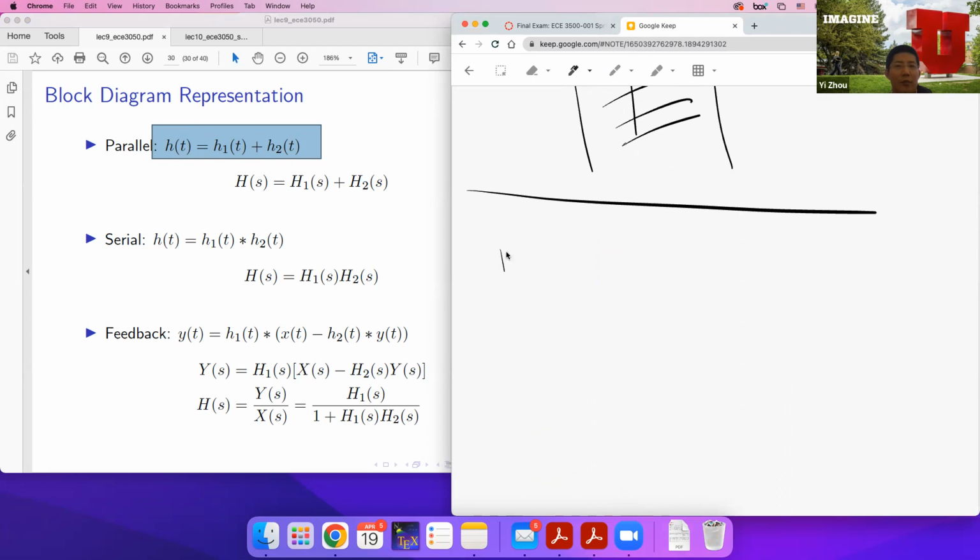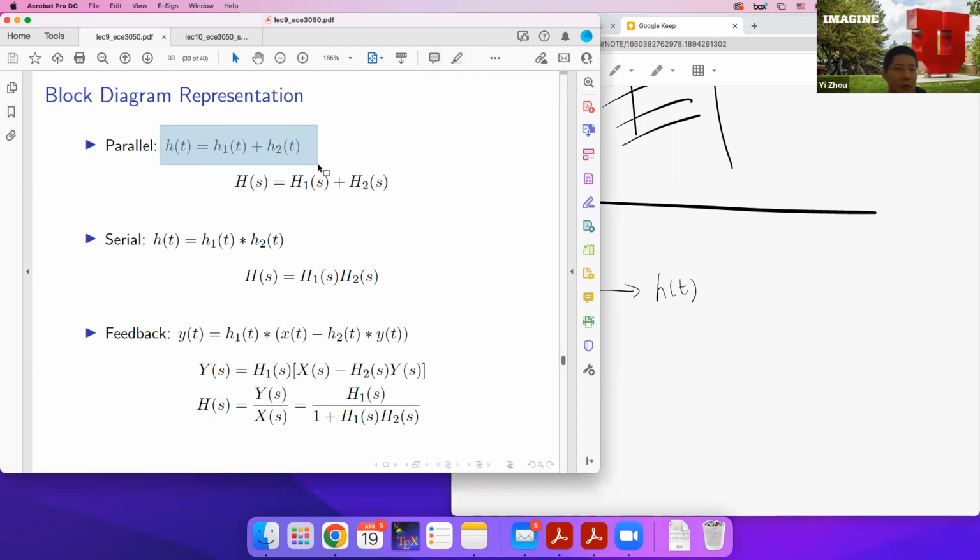So the system diagram may look like this. It's a parallel system. In general, based on this equation, you can take the Laplace transform and obtain this system equation in the s domain, instead of the time domain.